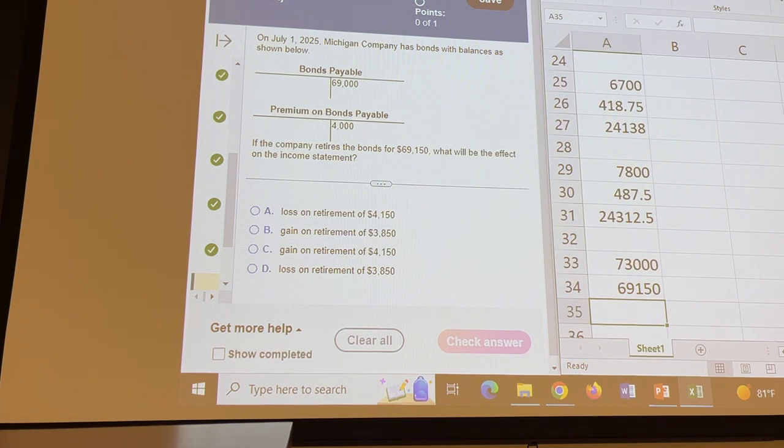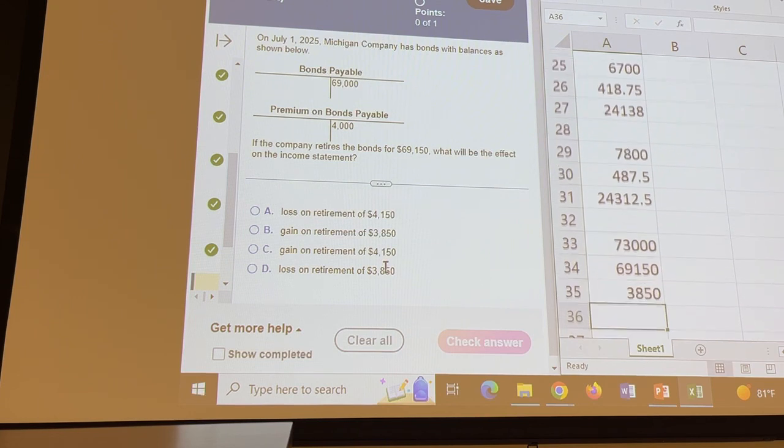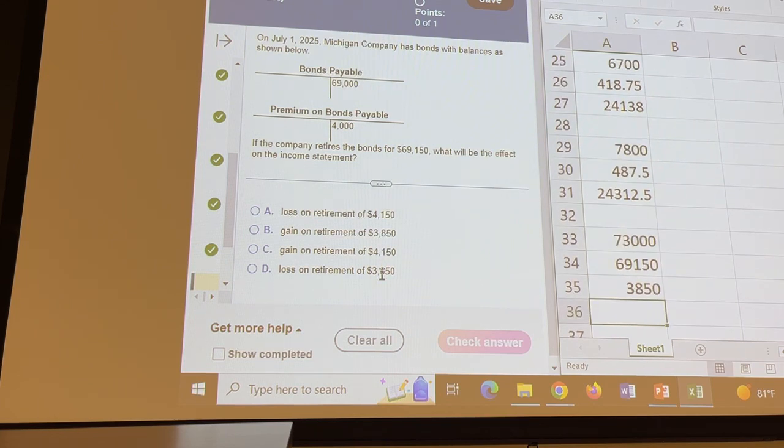And so the gain is going to be the difference between those two figures. It's not too much different than having a gain when you retire plant assets that we studied in chapter 9. So the gain should be gain on retirement of $3,850.